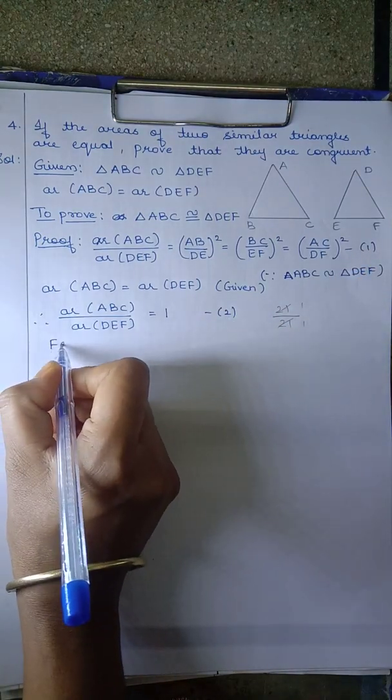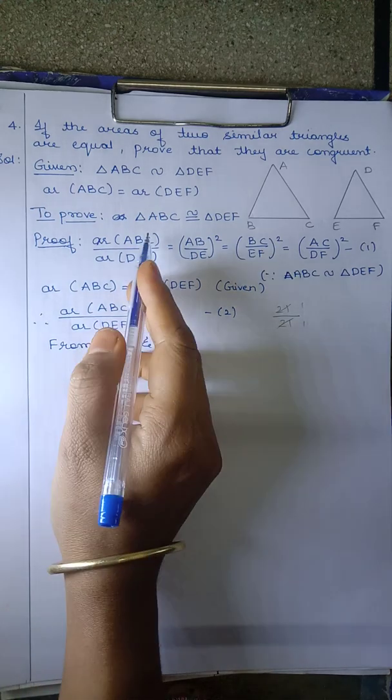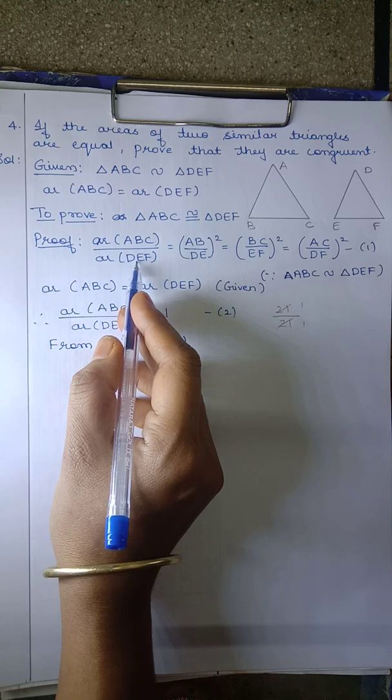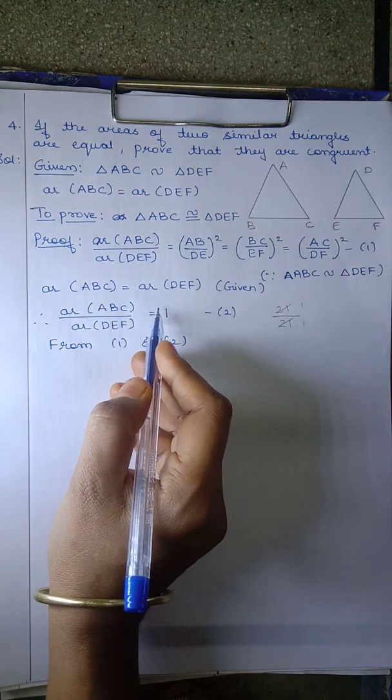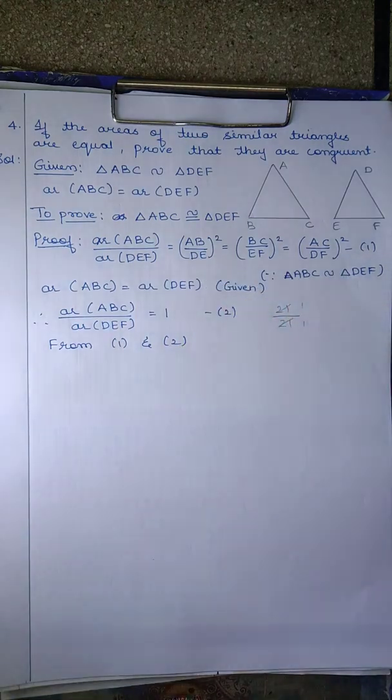Okay, so now from 1 and 2, children, we can write: the ratio of area of ABC upon area of DEF, we have got it as 1, and the ratio of the areas of these two triangles is equal to the square of their corresponding sides.